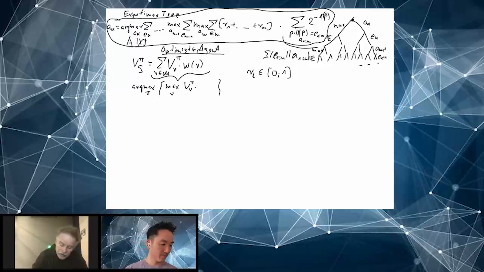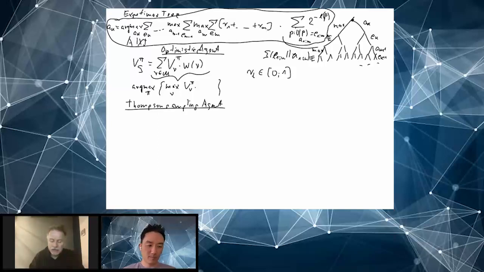Another agent is the Thompson sampling agent, for which you can actually prove, without any real restrictions, asymptotic optimality, at least for some form of asymptotic optimality. Now, I said I try to avoid the posterior and be predictive, but here we go back to the posterior.